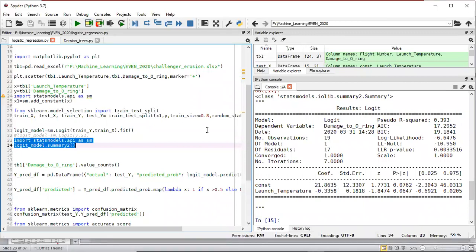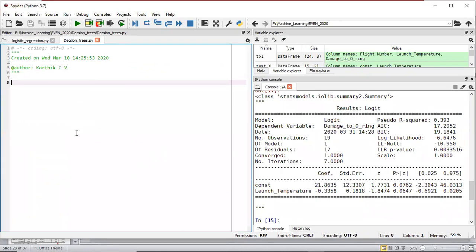So what is the summary here? I got the value of constant, beta naught, equal to 21.86, and beta 1 equal to minus 0.3358.